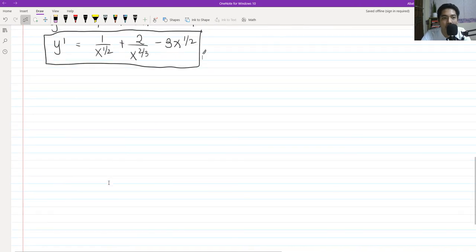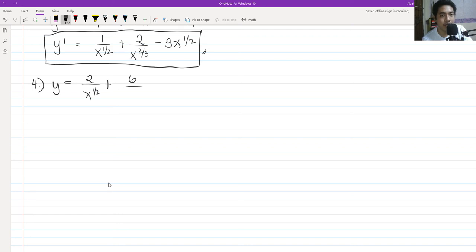So for our next problem, we have number 4. We have y equals 2 all over x raised to 1 half plus 6x raised to 1 third, minus 2x raised to 3 halves, minus 4 all over x raised to 3 over 4.